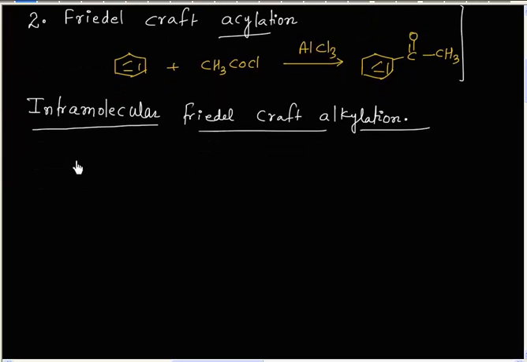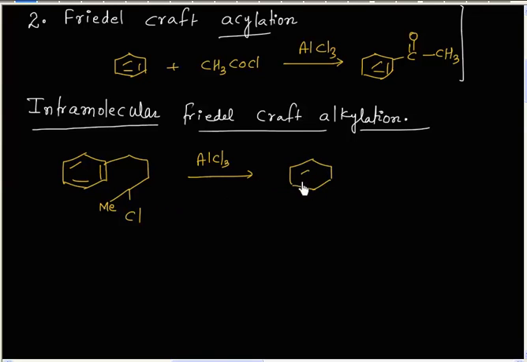For example, if I have this compound and it is treated with AlCl3, let us say we have a methyl group also. First it will form a carbocation, that is an electrophile.